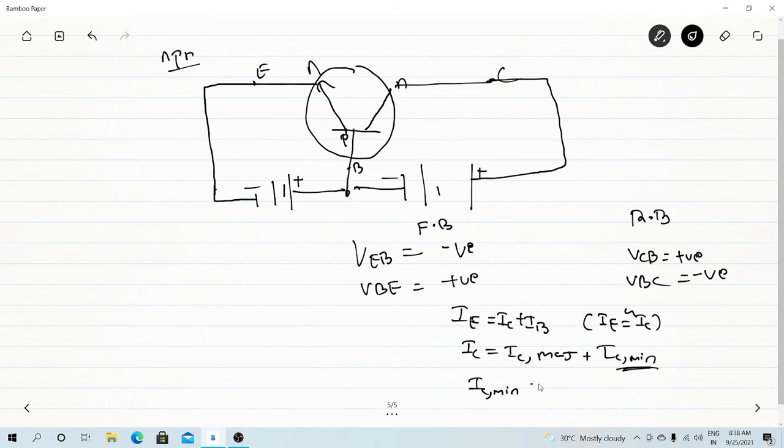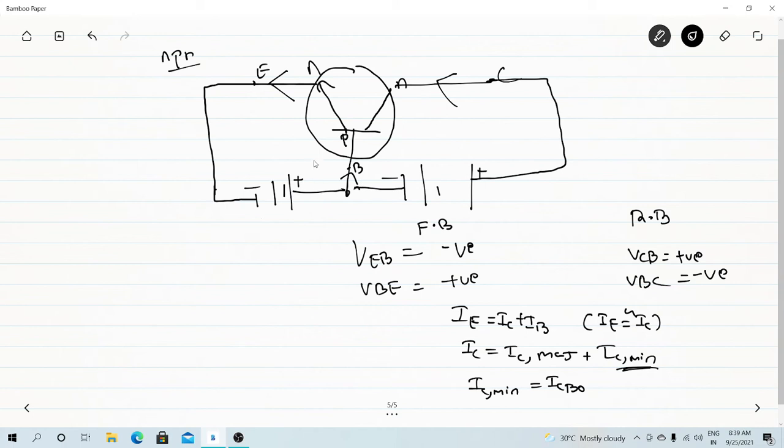This minority current is equal to ICBO, and in this case just the direction will be opposite, nothing else. If you remember, for PNP the direction was in one direction, here it will be opposite. Nothing else is going to change, just the direction of the current.